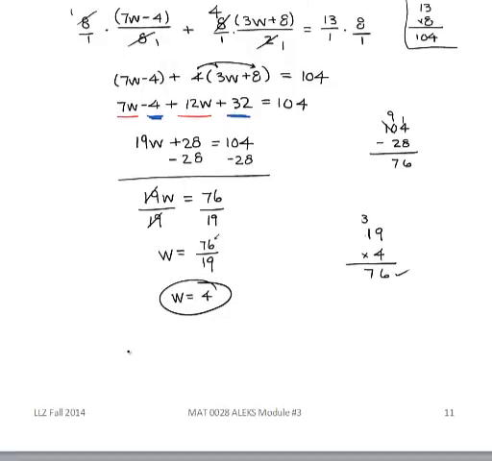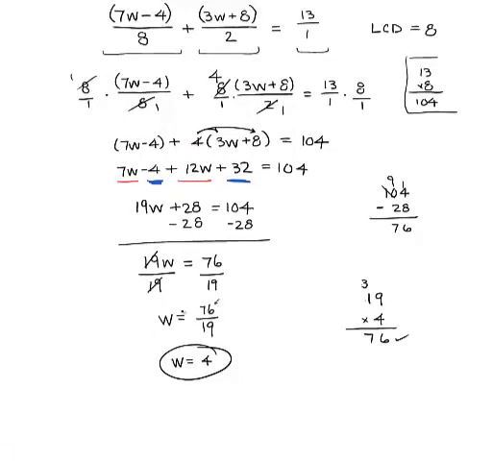So I can go back and check this also. Let's go back and we'll check it. Okay, so now we want to check. We have w equals 4. And our original problem was 7w minus 4 all over 8 plus 3w plus 8 all over 2, and that should equal 13.